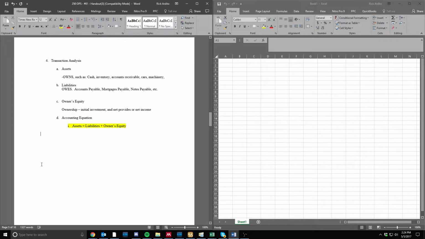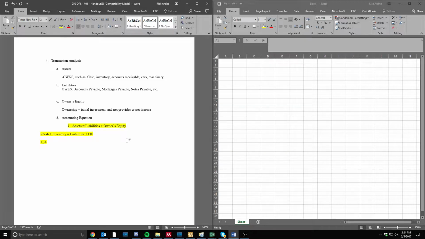So what does that mean? Okay, so assets. If we purchase something with cash, we subtract cash, so we have less cash, but we might add inventory. And that's both on the asset side, so liabilities plus owner's equity stay the same, but we subtracted one asset for another. Now what if instead we buy an automobile?